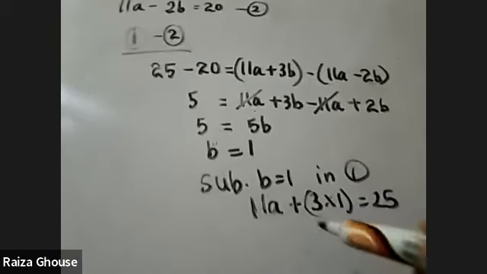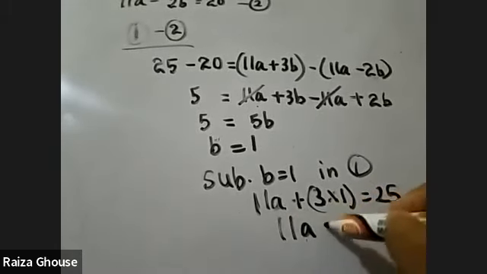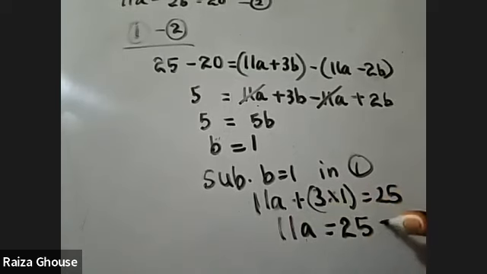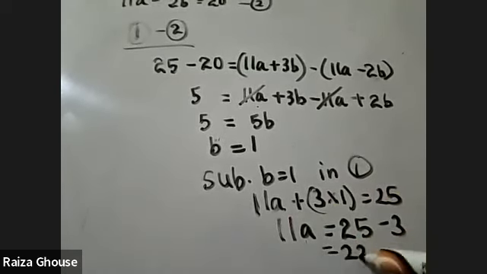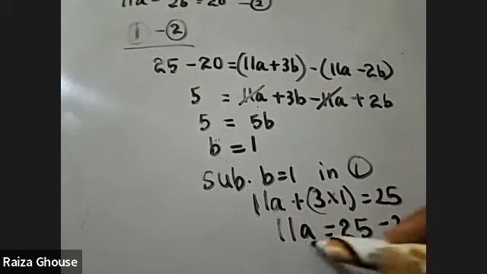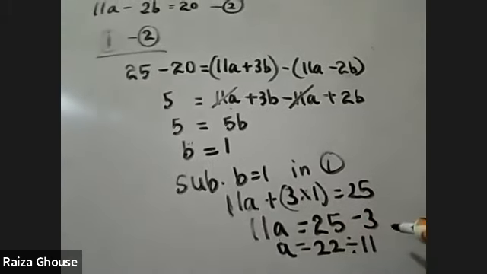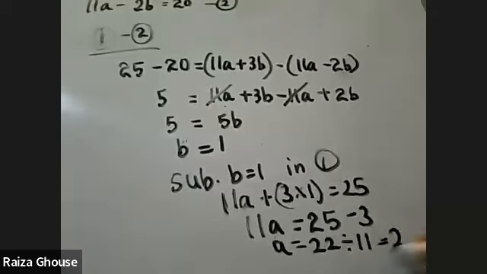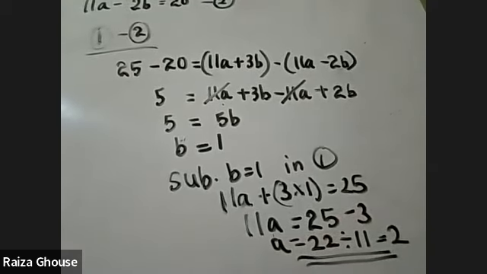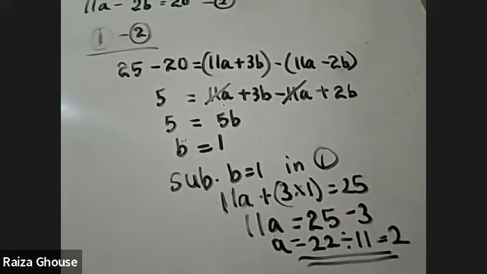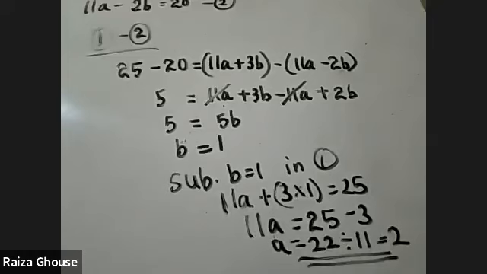Then I can write down 11a equals 25 minus 3. 25 minus 3, you are getting 22. 22 divided by 11, that is a. So a is equal to 2. You can show that working. So this is the answer. Did you understand? Azima, is that clear for you?